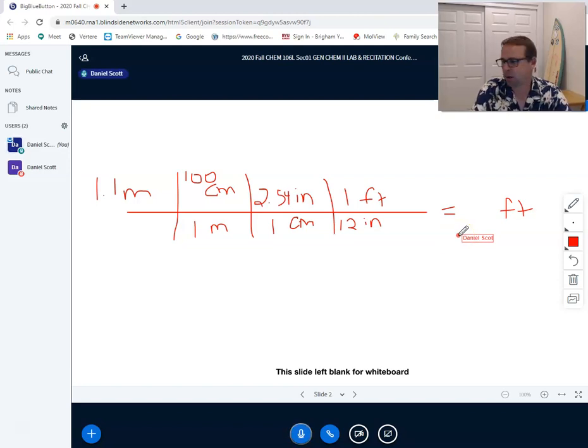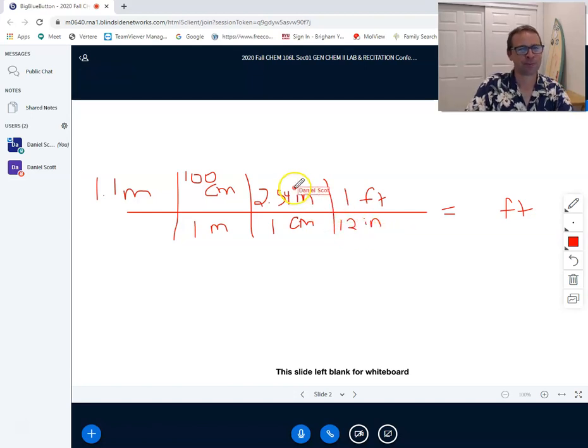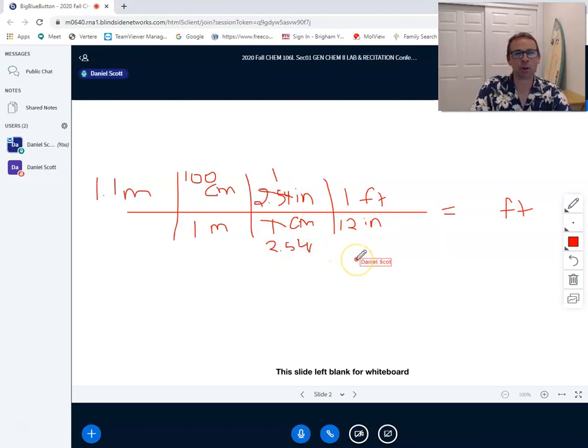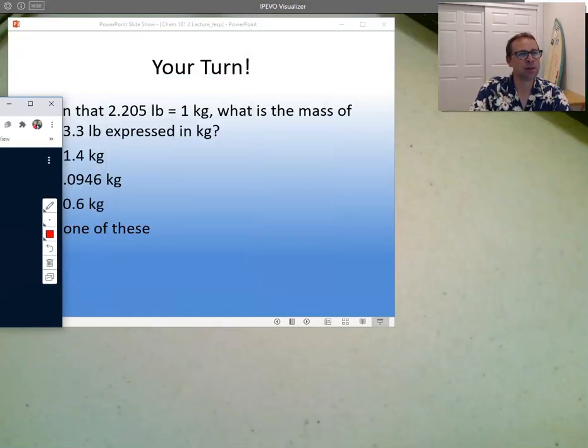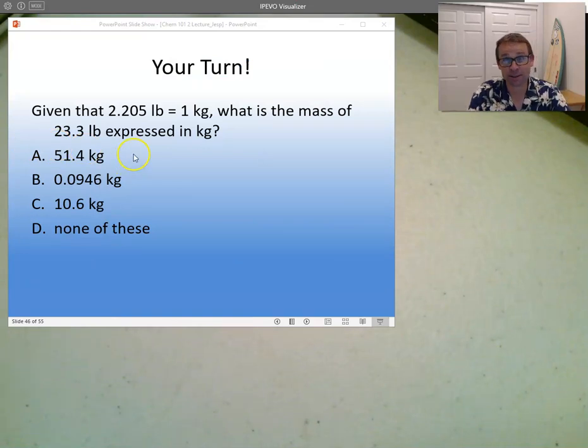Look and see what I did wrong. 2.54 inches equals 1 inch, not 1 centimeter. Yeah, 1 inch is 2.54 centimeters, right? Okay, very good. So it's very important to pay close attention to that. Okay, so that is called dimensional analysis.